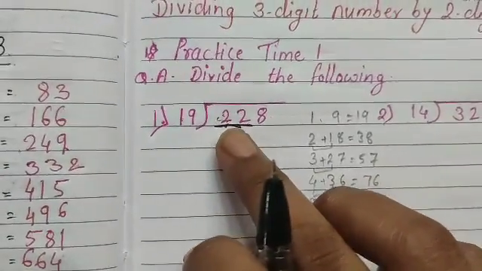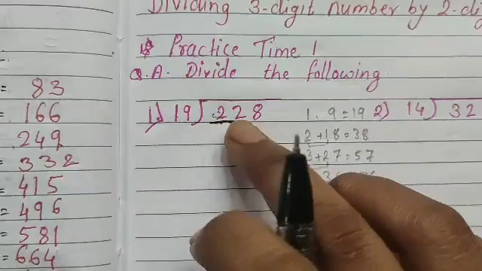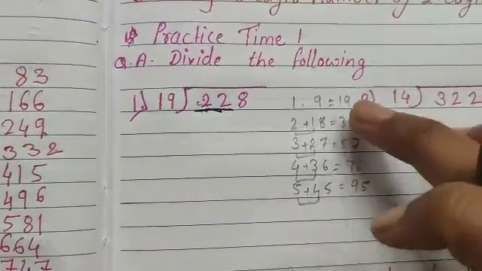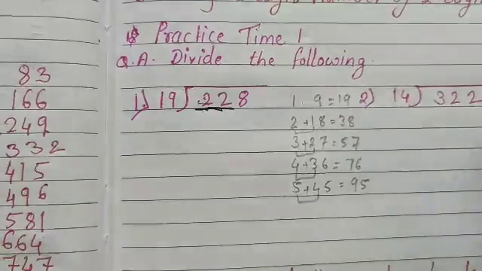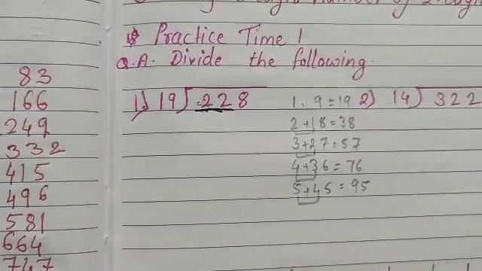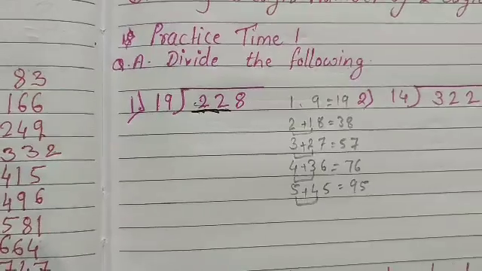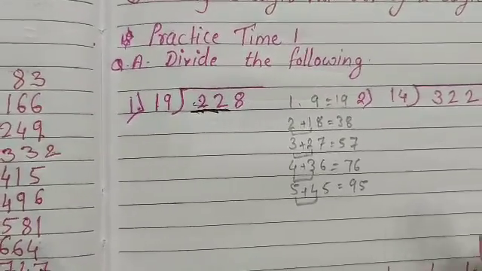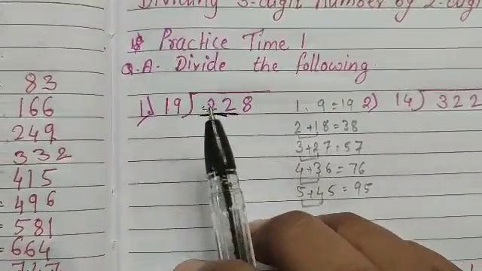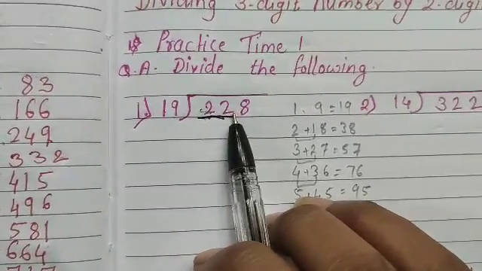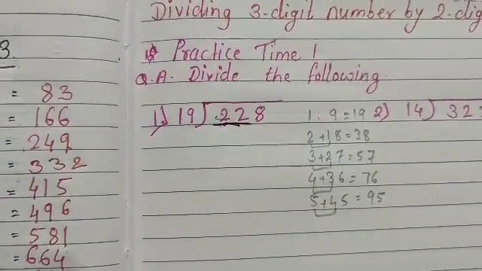So let us find 22 in the 19 table. When we look, there is no 22 in the 19 table. So that is why, student, we have to find such a number that is nearer to 22 and less than 22.